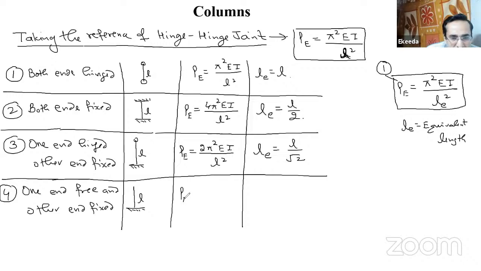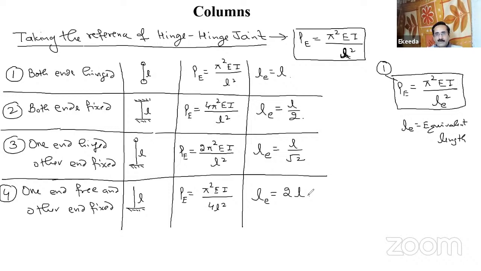In this case, Euler's load was given by pi square EI upon 4L square. And what is the equivalent length in this case? That is 2L. So this chart gives the idea about the equivalent length.